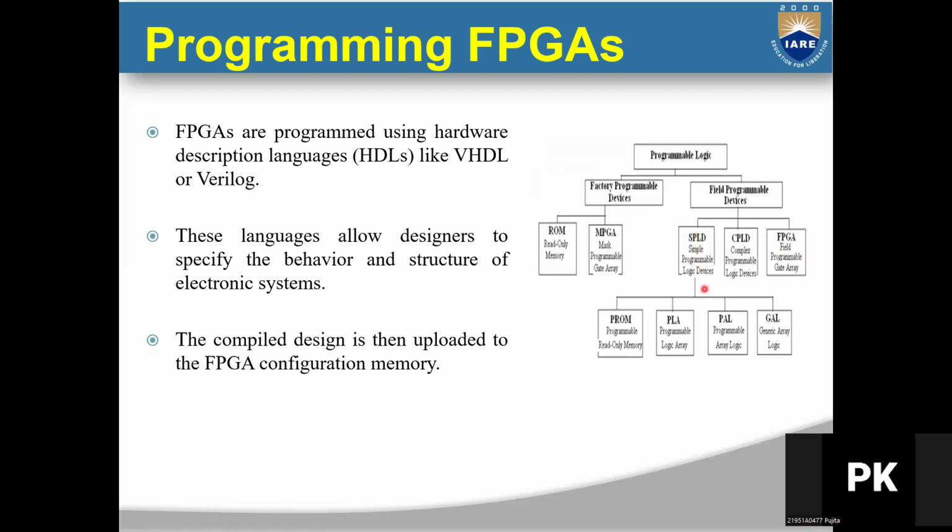SPLD is further divided into four types: ROM, PLA, PAL, GAL, which are programmable read-only memory, programmable logic array, programmable array logic, and generic array logic. So the compiled design is then uploaded into the FPGA configuration memory. So this is how we do programming in FPGA.